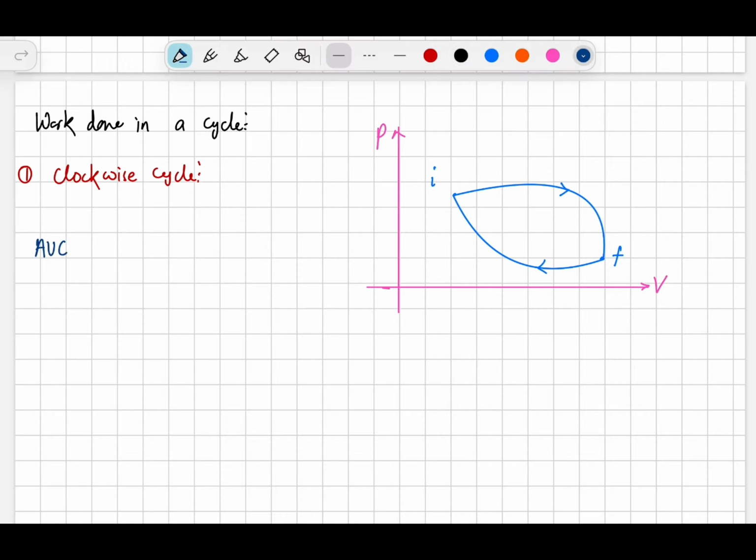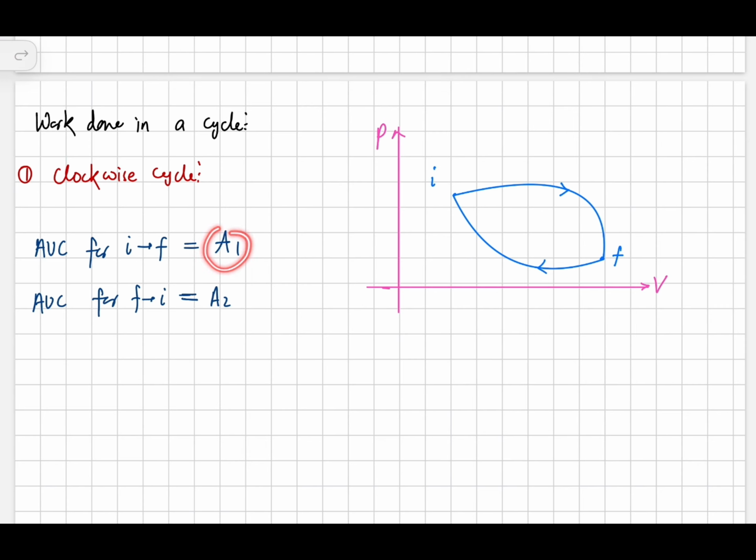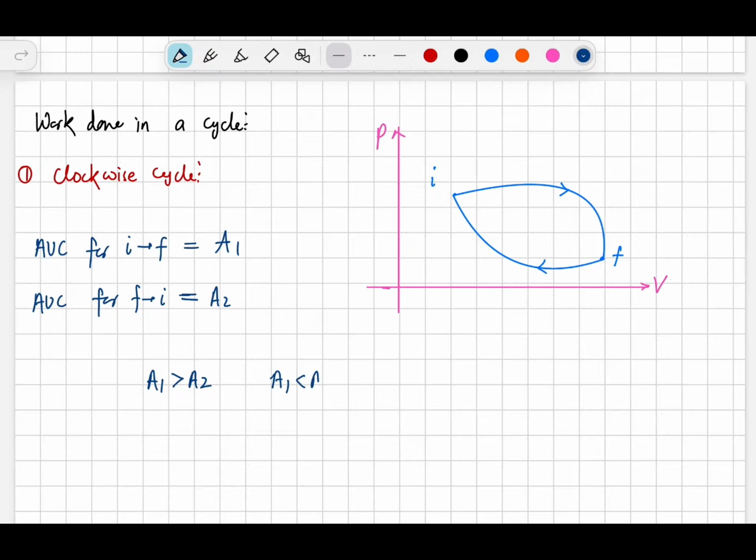So if I say the area under the curve, AUC, for initial to final is A1, suppose, and the area under the curve for final to initial is A2. Okay, and we know that these areas mean work done. So what is the correct relation here? A1 is greater than A2, A1 is less than A2, or A1 is equal to A2? Tell me.